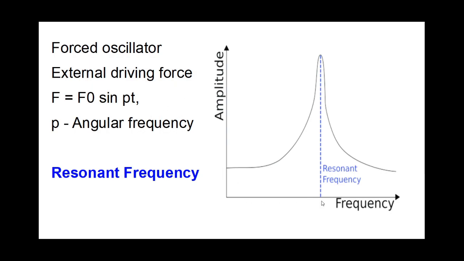If we plot the frequency of the driving force along the x-axis and the amplitude of the oscillator along the y-axis, we can see that as the frequency of the driving force increases, the amplitude also increases, and finally it becomes a maximum and then decreases to a minimum. This particular frequency at which the amplitude of the oscillator becomes maximum is called the resonant frequency.